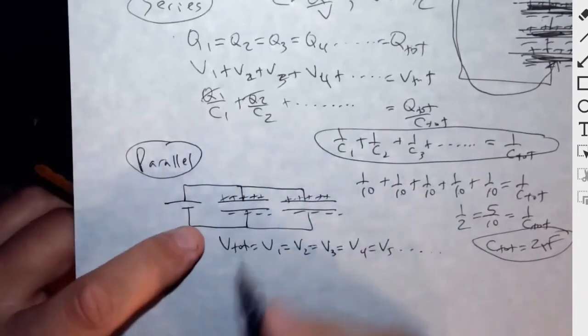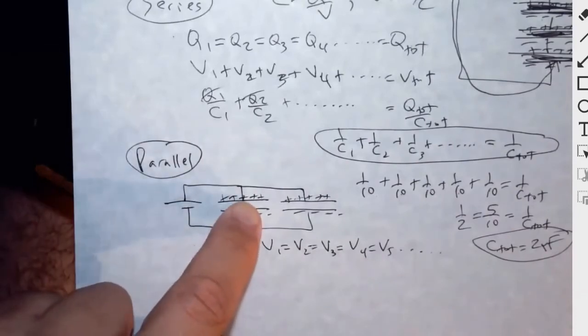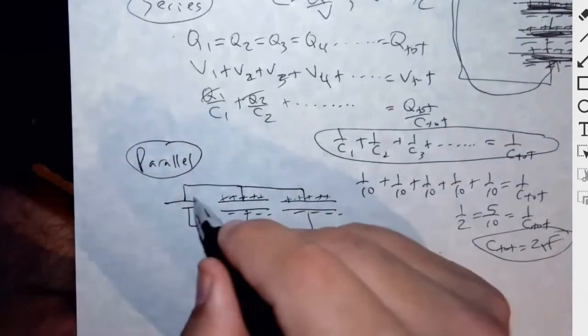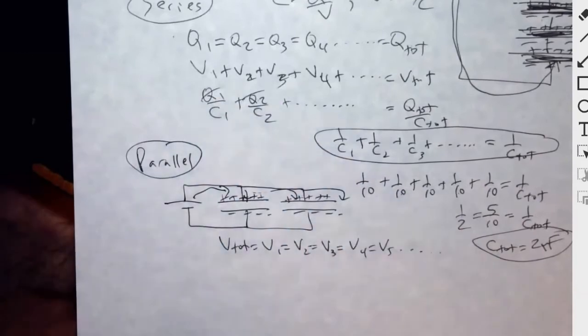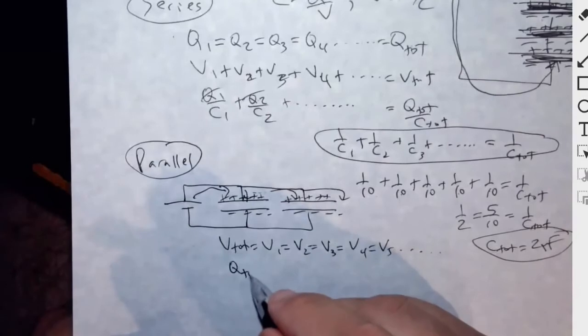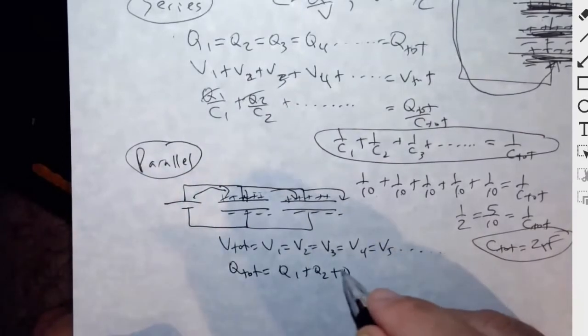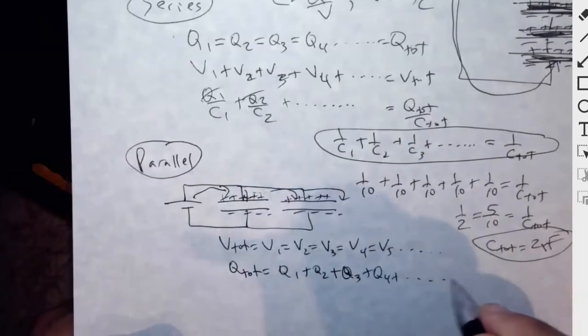But then the charge adds up. This battery gives this one a certain charge, gives that one another charge, and gives the other one another charge, because the charges come and they split up into different capacitors. So the charge Q total is Q1 plus Q2 plus Q3 plus Q4 plus that.